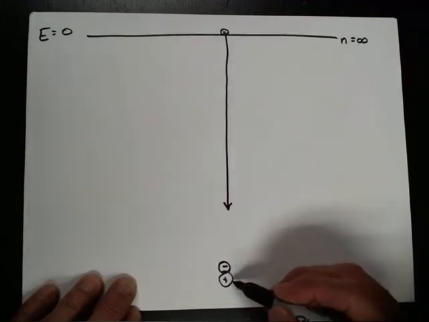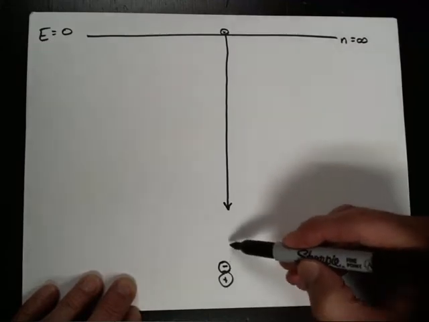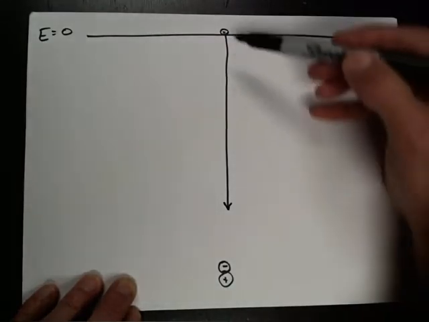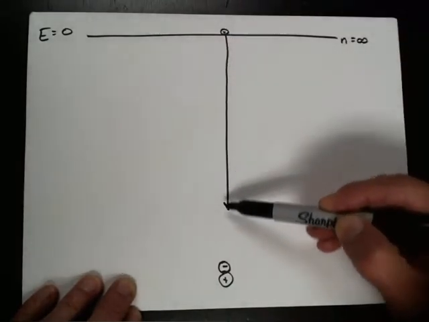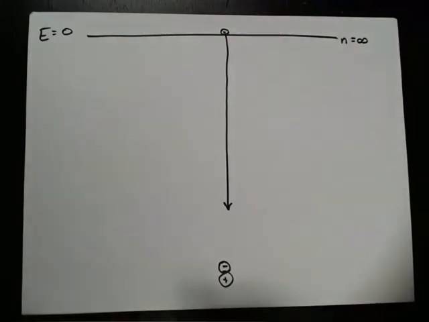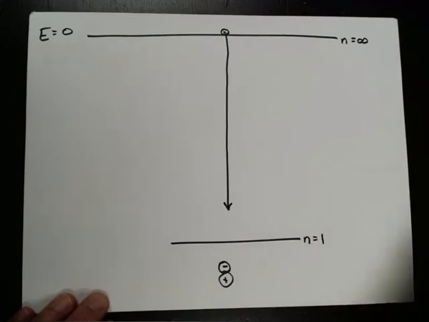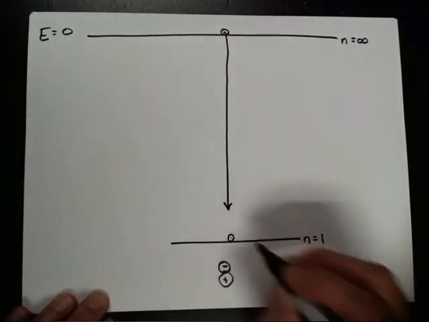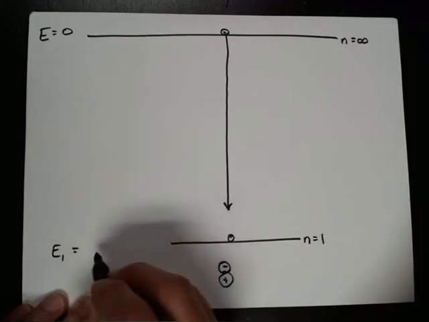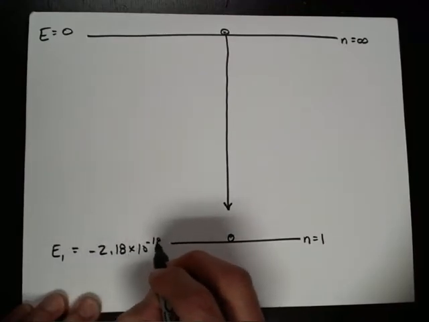A negative charge and a positive charge attract one another. So it takes energy to pull an electron away from the nucleus, and if that electron moves towards the nucleus, energy is going to be released. Therefore, if we drop that electron all the way into the n equals 1 level, its energy is going to be negative. And we just showed that that's going to be negative 2.18 times 10 to the negative 18 joules.